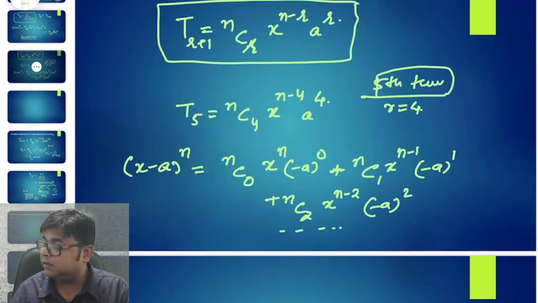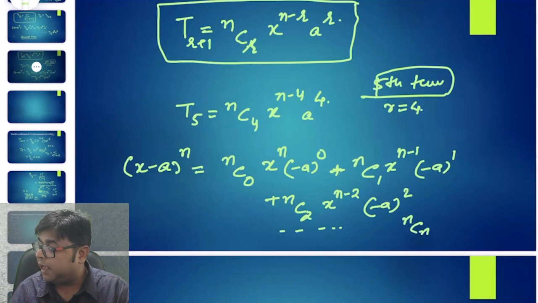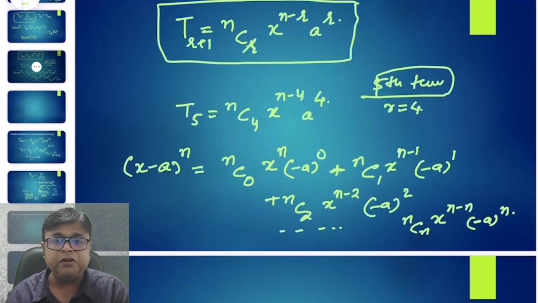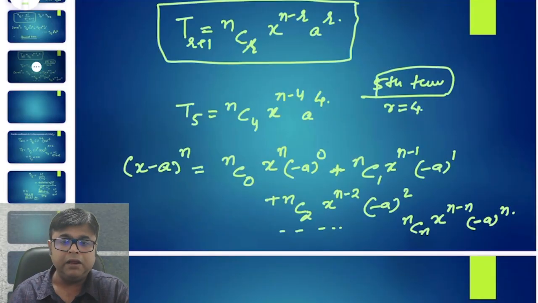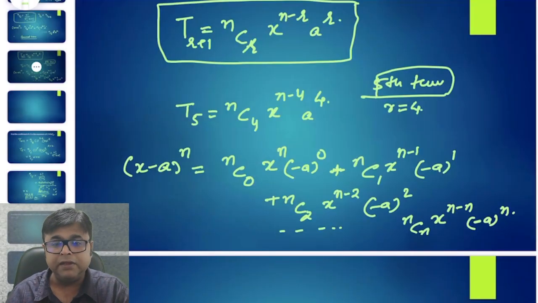If I write the last term, it will be nCn x to the power n minus n, which is 0, and minus a to the power n. So the last term will be positive or negative depending on whether n is odd or even. If n is even, the last term will be positive. If n is odd, the last term will be negative. So this is another expansion.